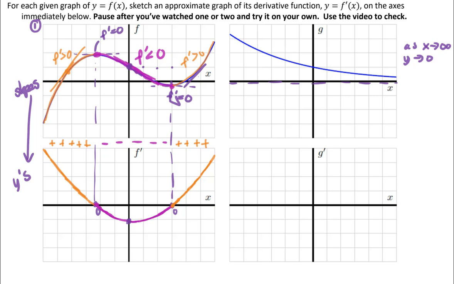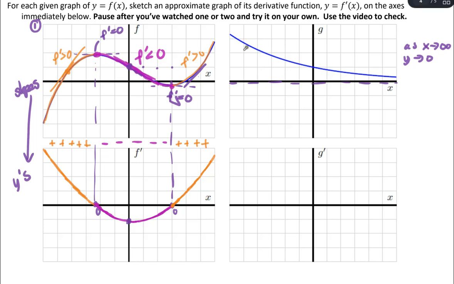So this is actually maybe simpler than the last one, except that I don't get those nice x-intercepts to get me started. What I can see here is that my slopes, no matter where I am, are going to be slightly negative. The further to the right I go, the closer those slopes get to 0. So y values are going to 0 as x gets big, so are slopes. That tangent line is just going to keep getting flatter and flatter and flatter.